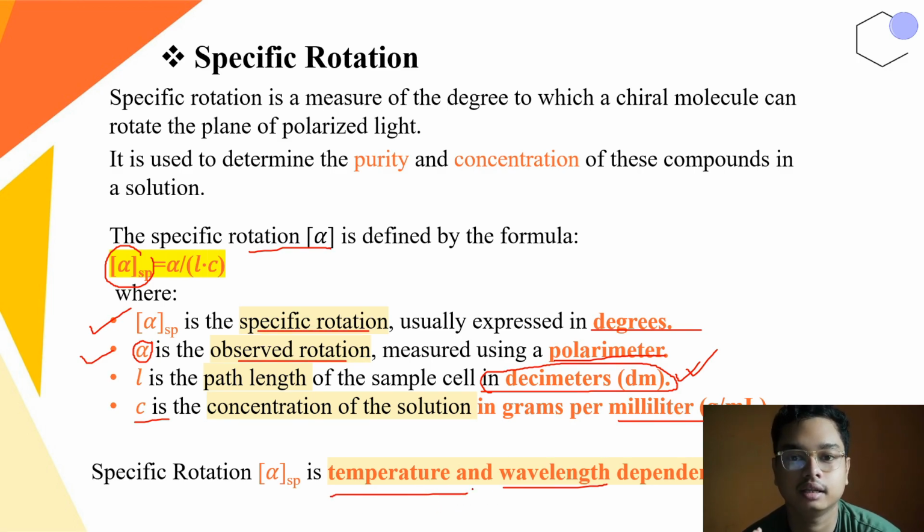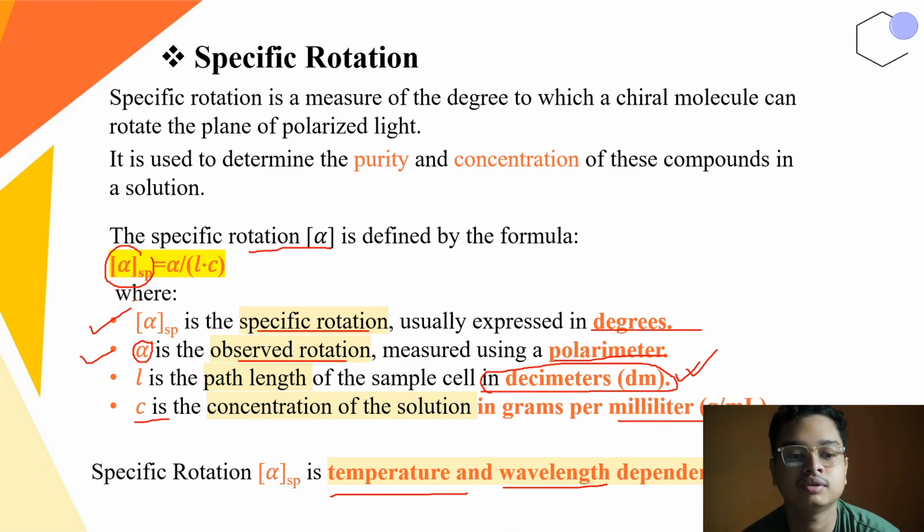If a molecule shows a specific rotation of x degrees at 20 degrees centigrade, it will be different when we measure the same concentration of the same chiral compound at 25 degrees centigrade.